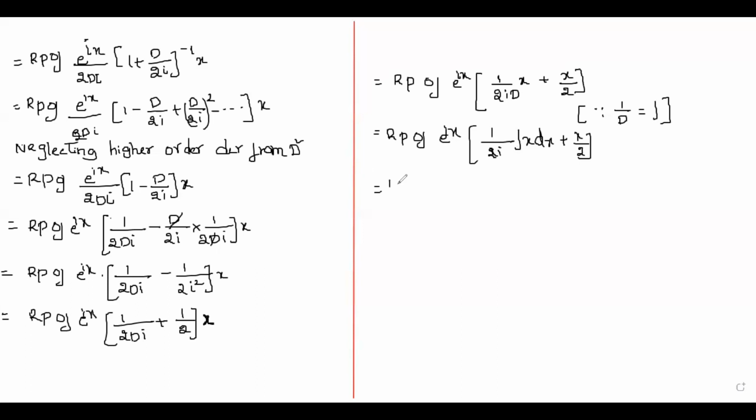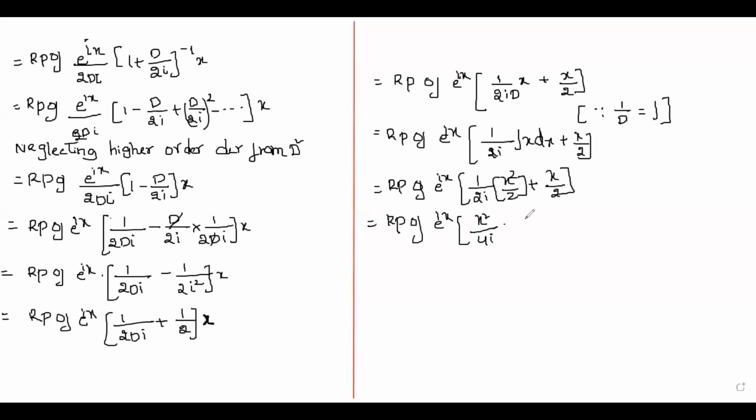So this is equal to the real part of e power ix into 1 by 2i into x square by 2 plus x by 2, which is the real part of e power ix into (x square by 4i plus x by 2). Until this part is simplified, don't take the real part. After all the simplification only, we have to collect the real part.